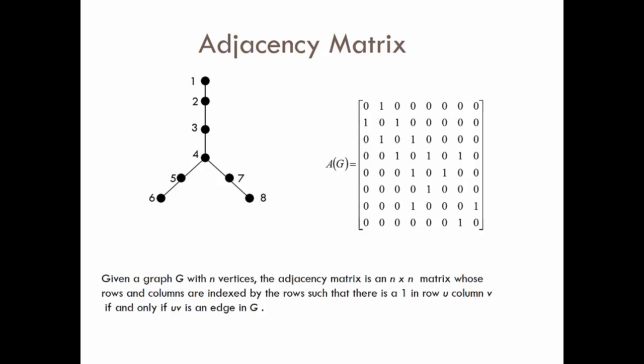Since we don't have direction, we have symmetry. If 1 is adjacent to 2, then 2 is adjacent to 1. So you'll notice that this is a symmetric matrix if your graph is not directed. If you sum each row, then again you obtain the degree of the vertex.